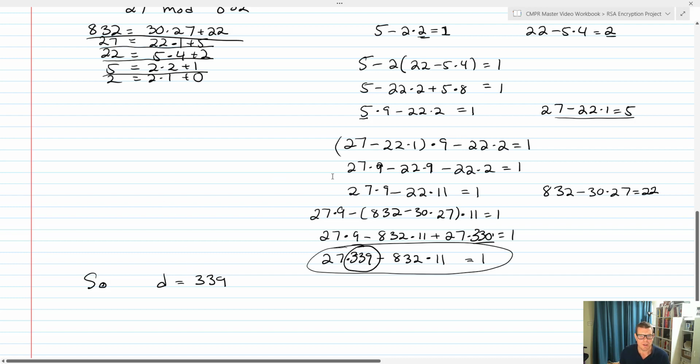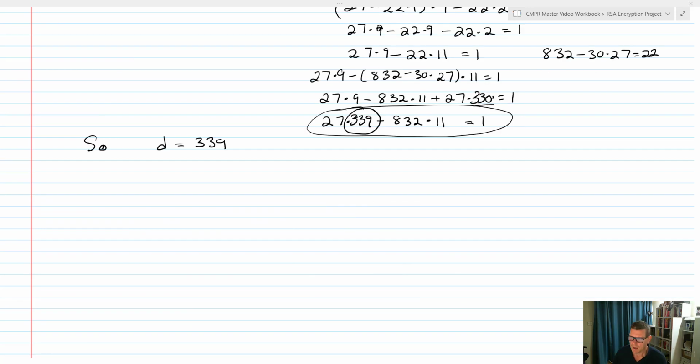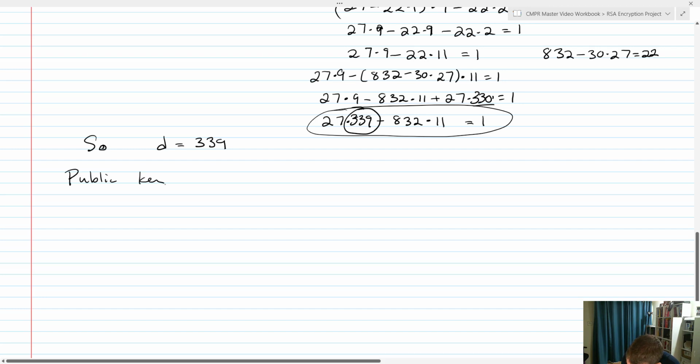Okay, so we're going to utilize that method for finding the multiplicative inverse where we use the Euclidean algorithm, and then form our linear combination from that Euclidean algorithm in order to find the multiplicative inverse. Now I have the entirety of my encryption. My public key is going to end up being N and E. And my private key, the one that I will give to the person on the other side, is going to end up equaling D. Okay?